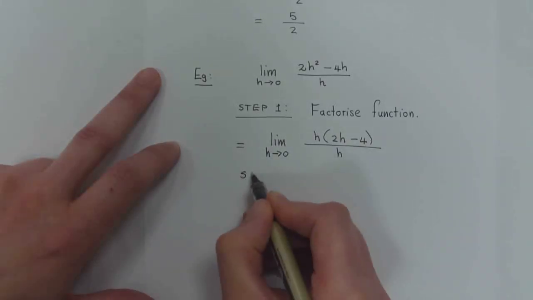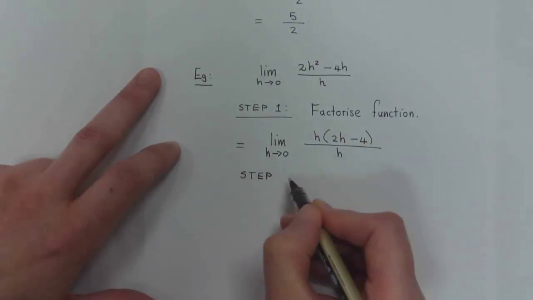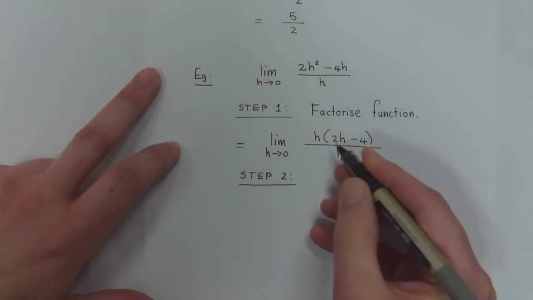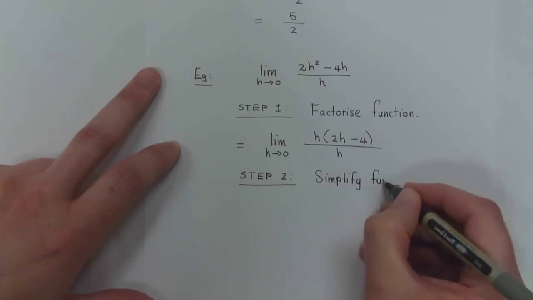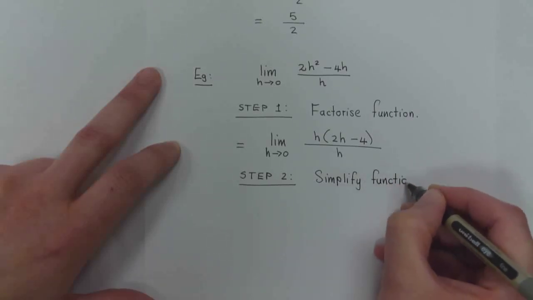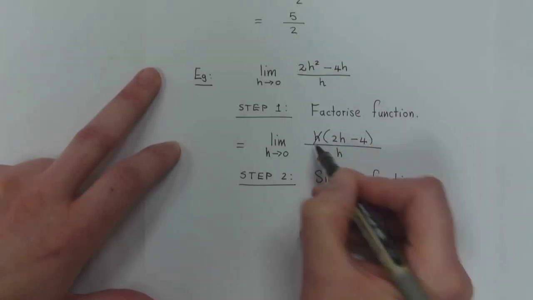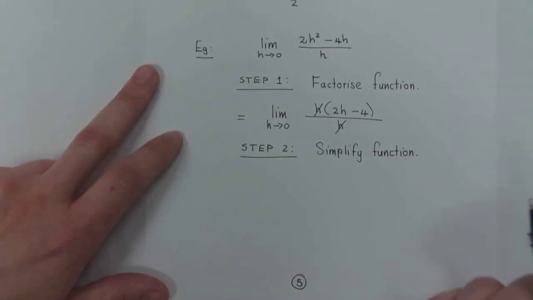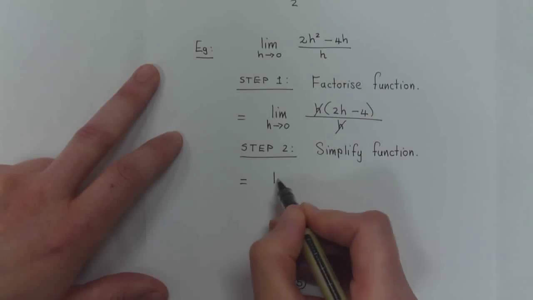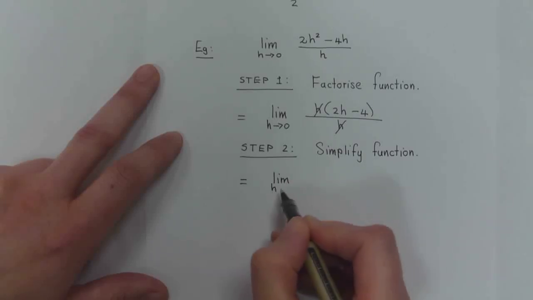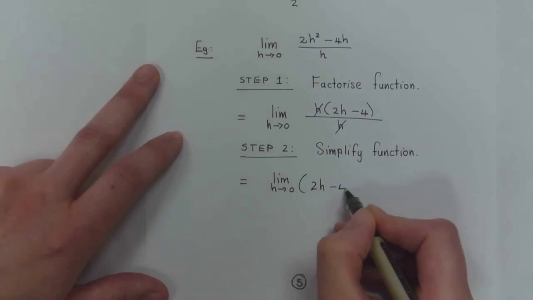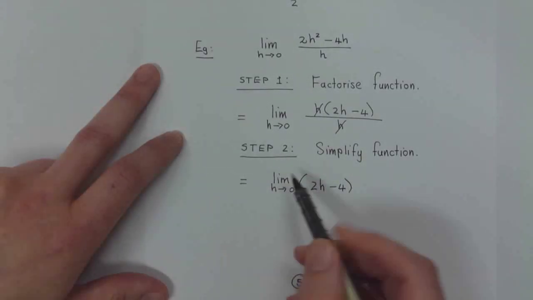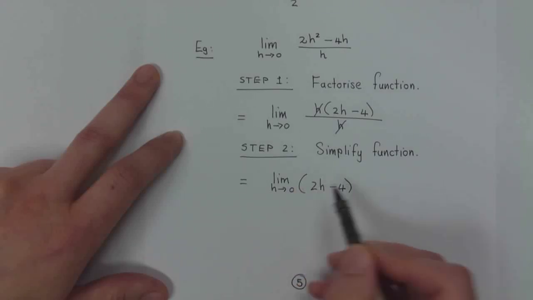So step 2 is then going to be simplifying the function. And that pretty much just involves dividing the h by the h. Then I'm left with the limit of h tending towards 0 of 2h minus 4. Notice I haven't dropped that limit notation yet because I haven't actually done my substitution.